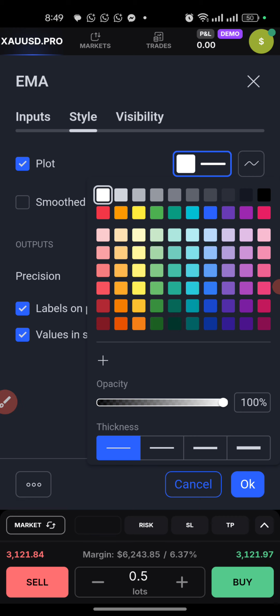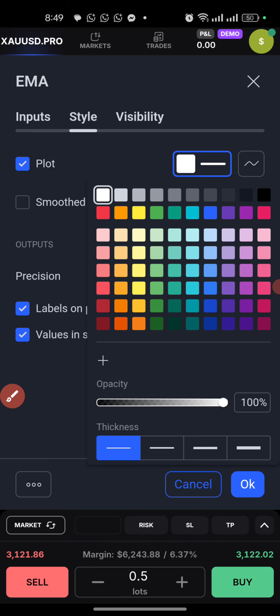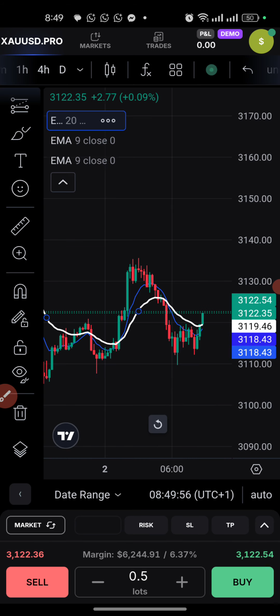And then I will also increase the thickness. This is where you have thickness. Depending on your preference, usually for the EMAs, I use the second or the third one, but I'll leave it as the first one. So what you'll see now is it added the white EMA to my chart. That's my 20 EMA.